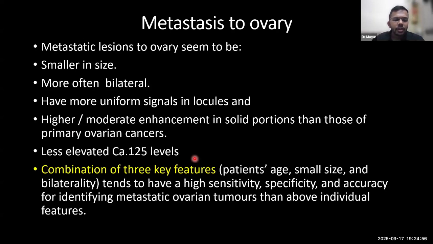Studies have shown that a combination of these features, for example, the patient's slightly younger age group of premenopausal status, smaller size of lesions, and bilaterality of the lesions, these three features together tend to have a higher sensitivity and specificity in diagnosing metastatic ovarian lesions than the individual features alone.